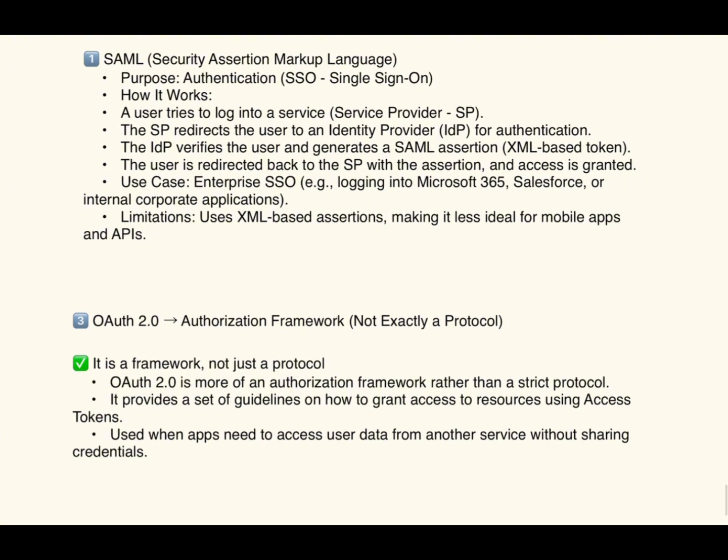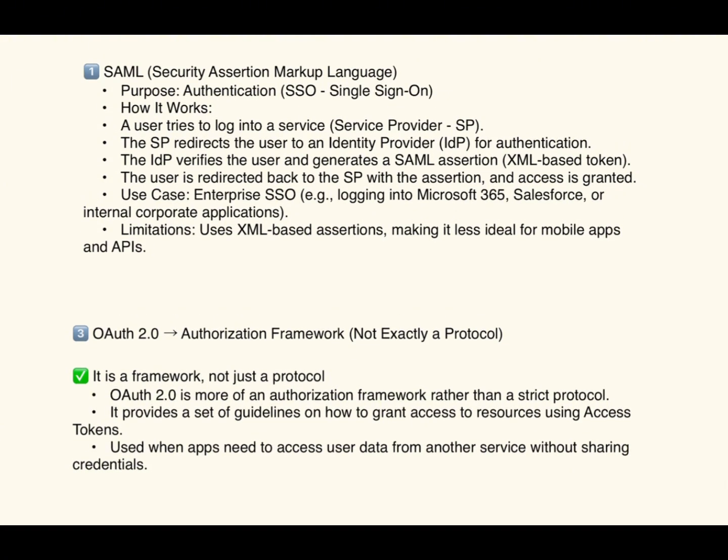It is not exactly a protocol, but it is a framework. What we need to understand is that if no external resources are required, for instance API or cloud service are not needed, then OAuth 2.0 is not required.